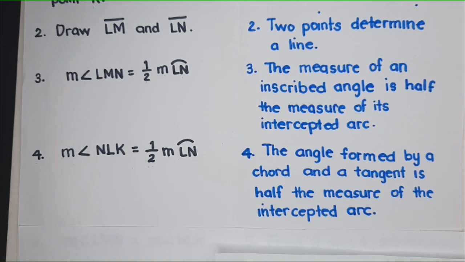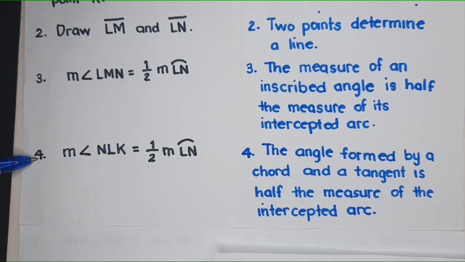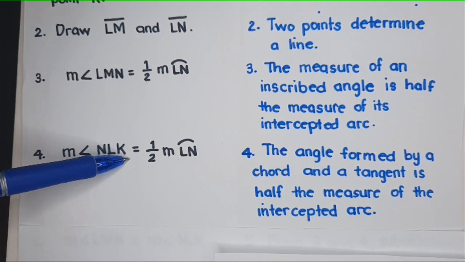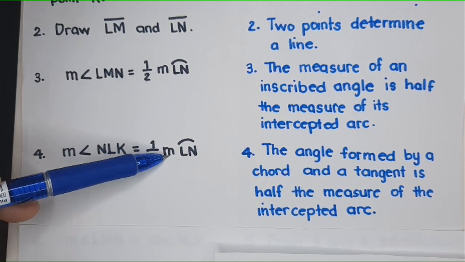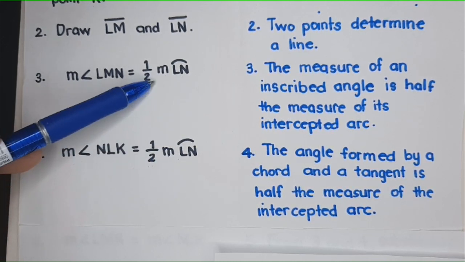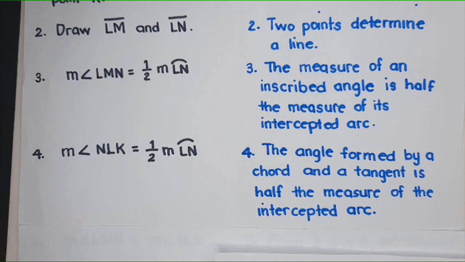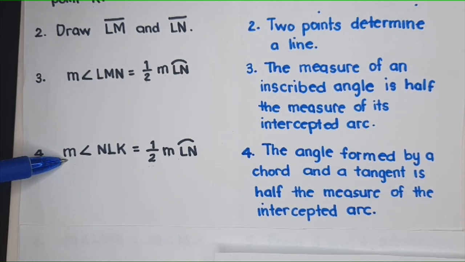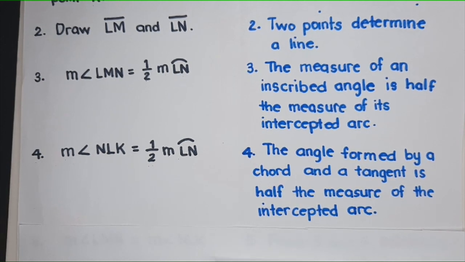Now, if you check statements 3 and 4, these two angles are both equal to half the measure of arc LN. Do you see it? So these two angles have equal measures, and that's going to be our next statement.